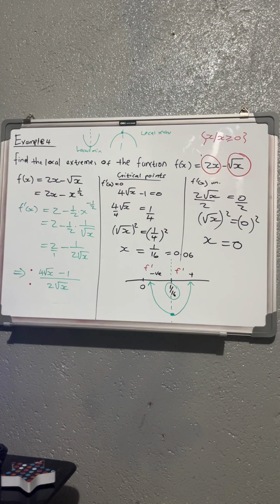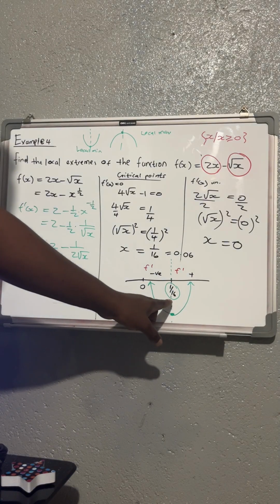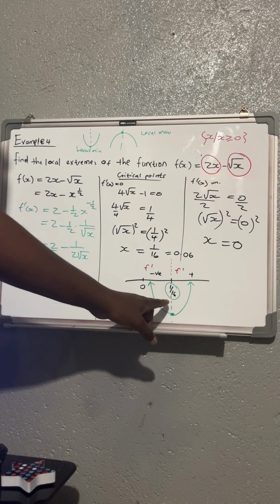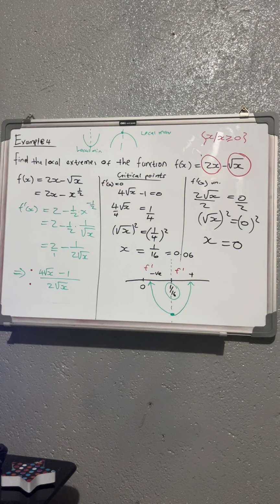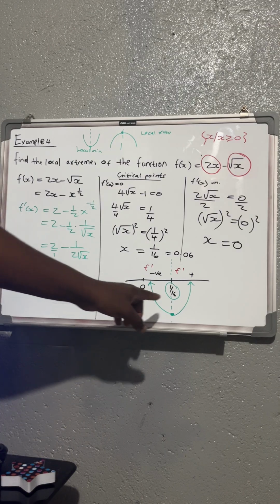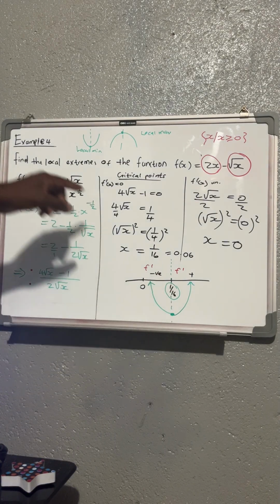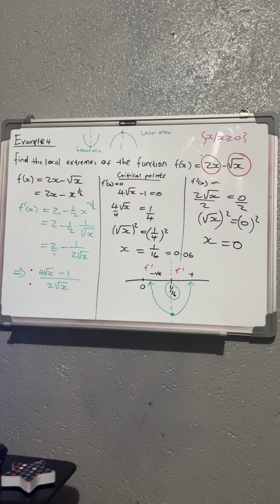They like to ask this in a way that they would give you this value as one of the options, but if the wording says the local maximum value, always input this local max into the original function and find that value that they are referring to.